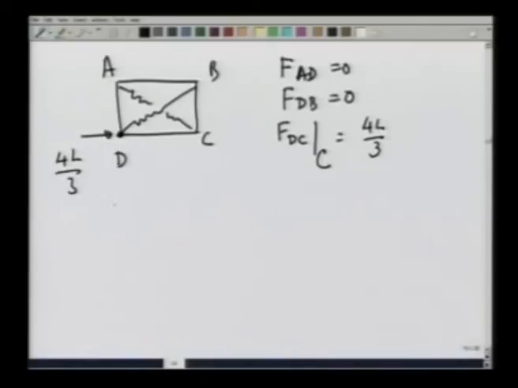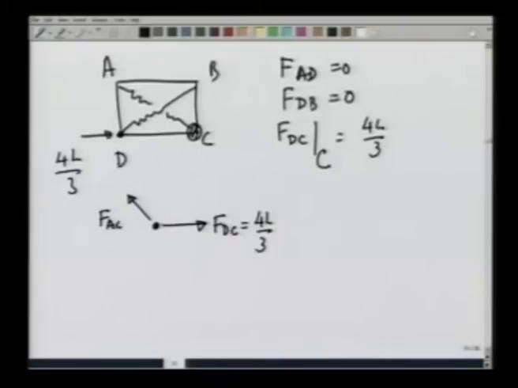Let us now look at point C. Point C is under a force FDC, which is 4L by 3. There is a force, and I am already anticipating the right direction, FAC, pulling it in.